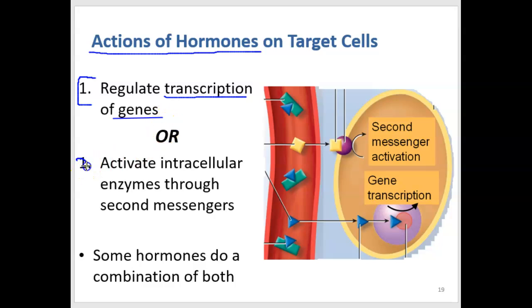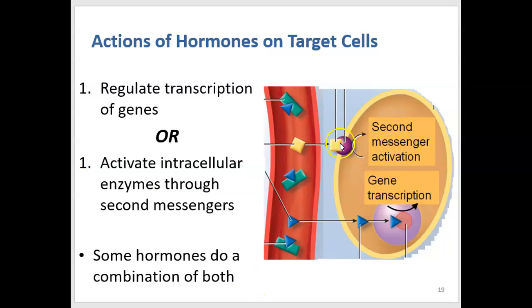The other, and that should be a number 2, is that a hormone can activate certain intracellular enzymes inside of a cell, usually by activating second messengers. So it's not the hormone itself that does the action, it's something that it triggers inside the cell. Some hormones even do both. It's kind of a combination, but that gets too complex.